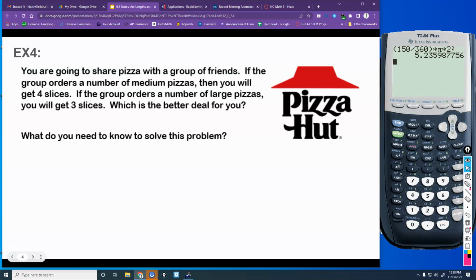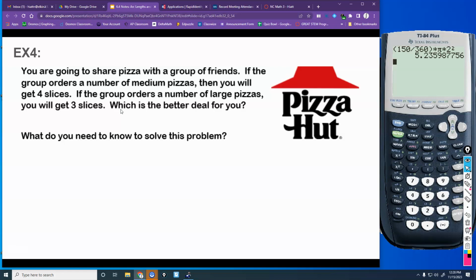And just say 8 slices probably per pie. If you get medium pizzas, you will get 4 slices, but if you get large pizzas, you'll only get 3 slices. So you will get fewer slices if you order the large pizza.